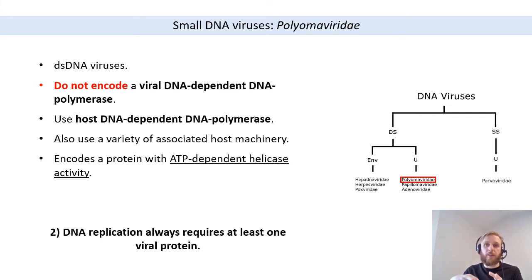But for the large DNA viruses, the majority of the components they're bringing in, crucially this big DNA-dependent DNA polymerase enzyme, which is the key enzyme. However, they're still reliant upon the host for other factors, for associated factors that enable the process of genome replication to occur. So every single one of these DNA viruses will be bringing some factors in themselves and will be using some host factors also.